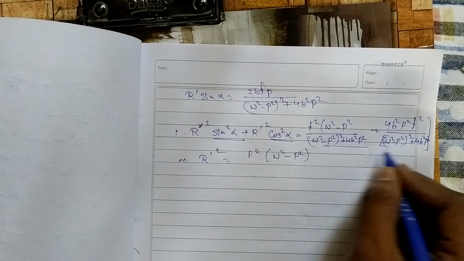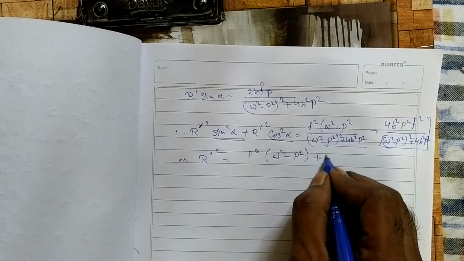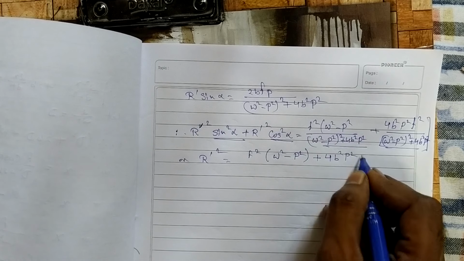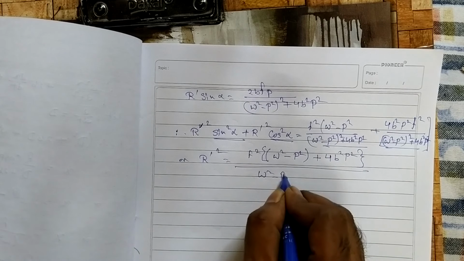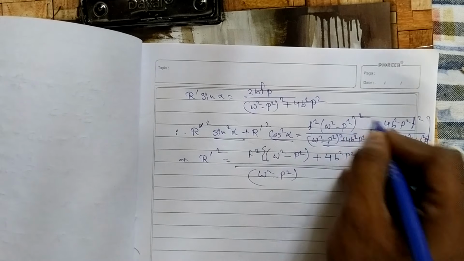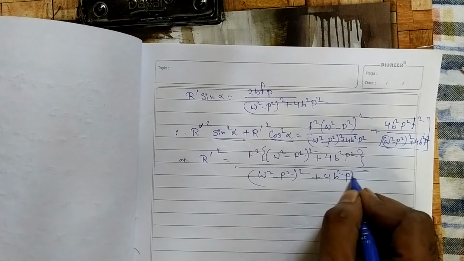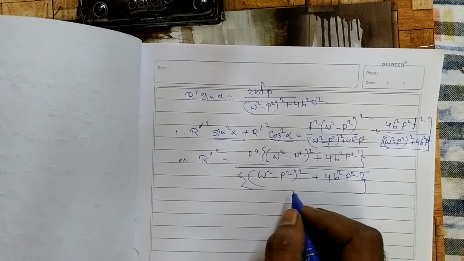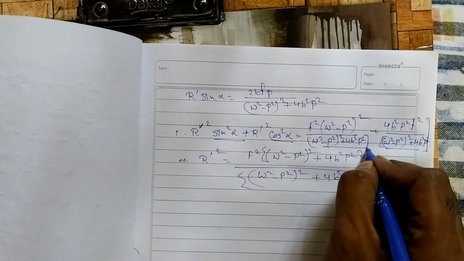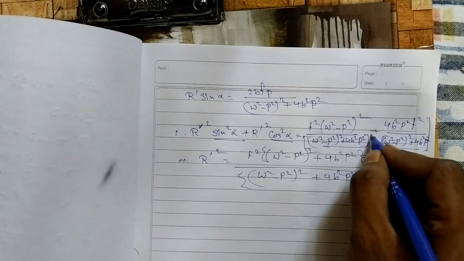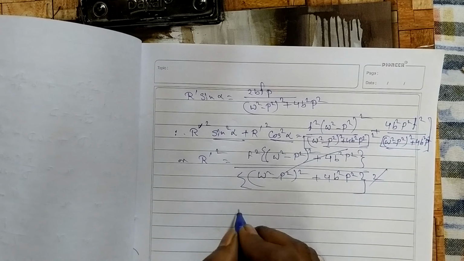Adding these two parts of the equation, one part is cancelled out.